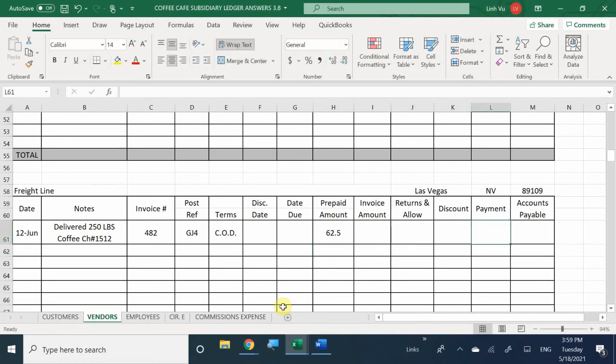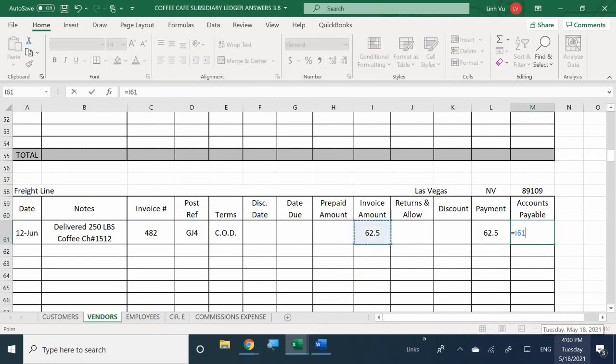And once again, because I had to pay with my check, cash on delivery, my formula is invoice amount minus prepaid, minus returns, minus discounts, minus payments. Okay? And now I owe them nothing.